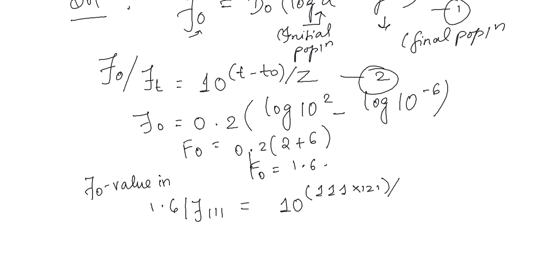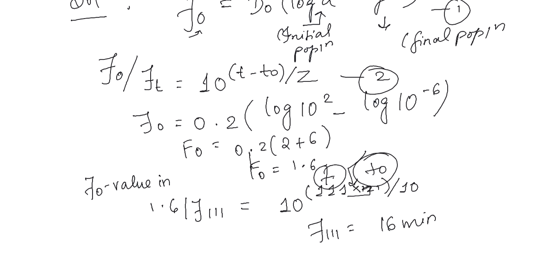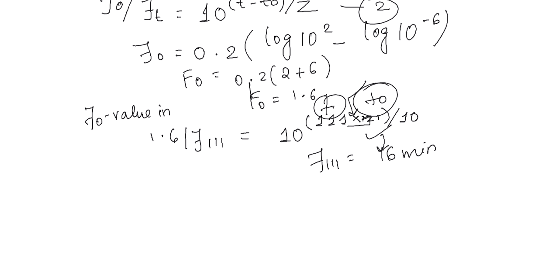Put the values here as the T value and the T0 value, and whatever comes, you will be getting F at 111 as 16 minutes.